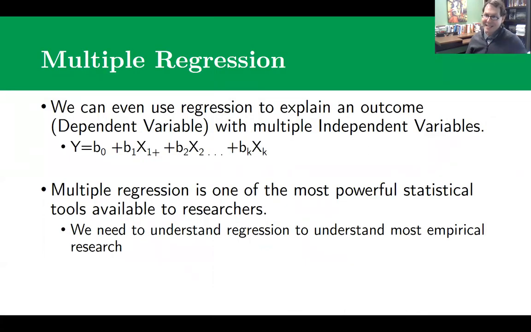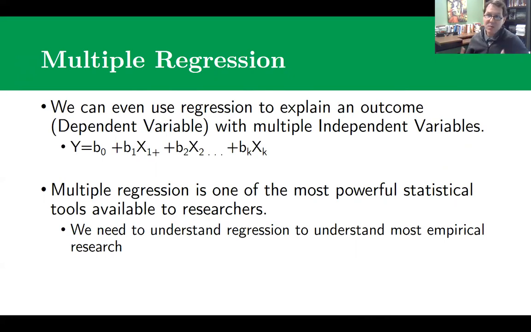We can take that idea of describing the relationship between two variables using the equation of a line, and we can extend it to tell more complex stories. Lots of things that we're interested in the social world are really complicated. There are lots of factors that contribute to outcomes. So we can build multiple different factors into our explanation, into our prediction of our dependent variable, our y variable.